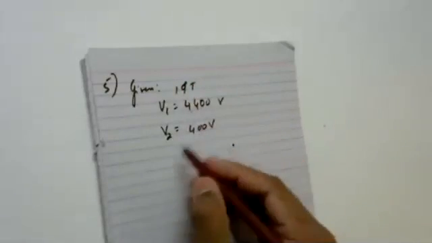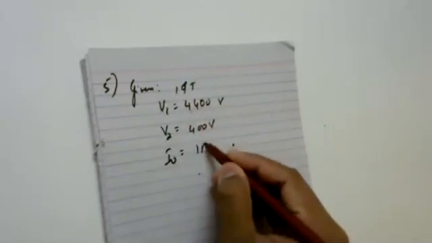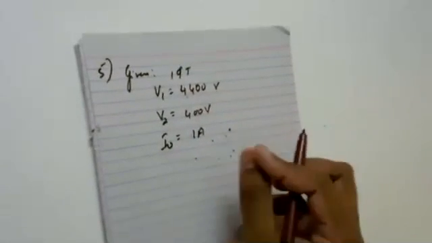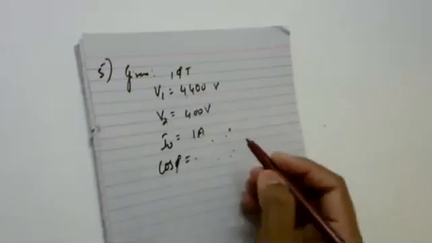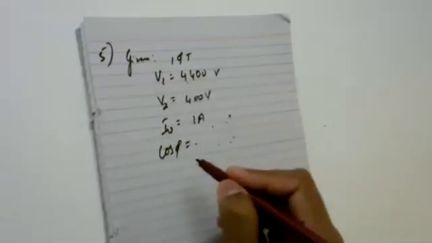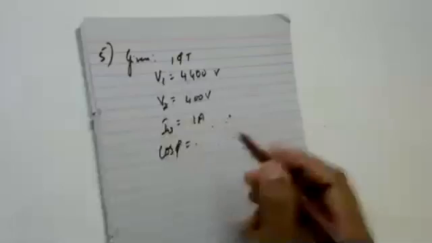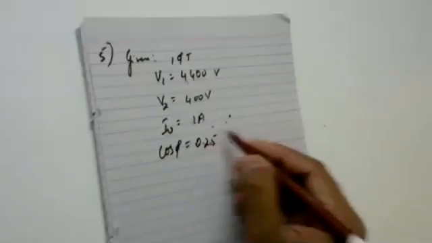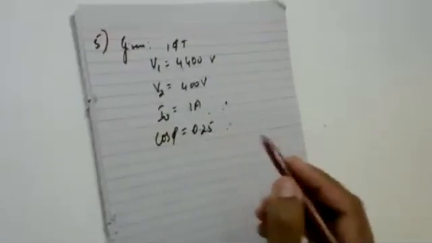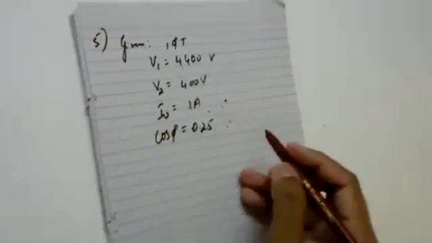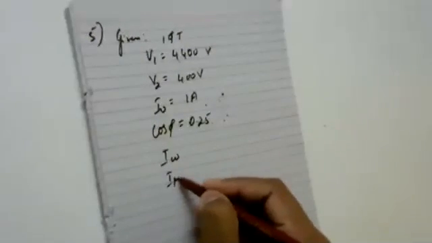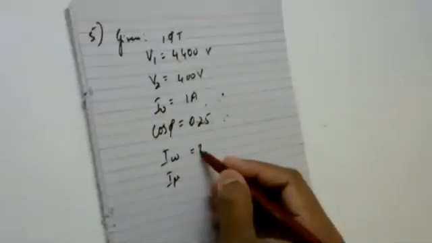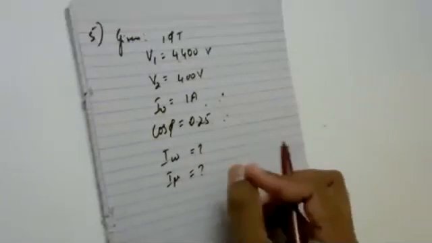It draws a no load current I naught equal to 1 amp at a power factor, so cos phi, he has given, it is cos phi, not only phi, of 0.25. Find the magnetizing and iron loss components, IU and IW, of the no load current.